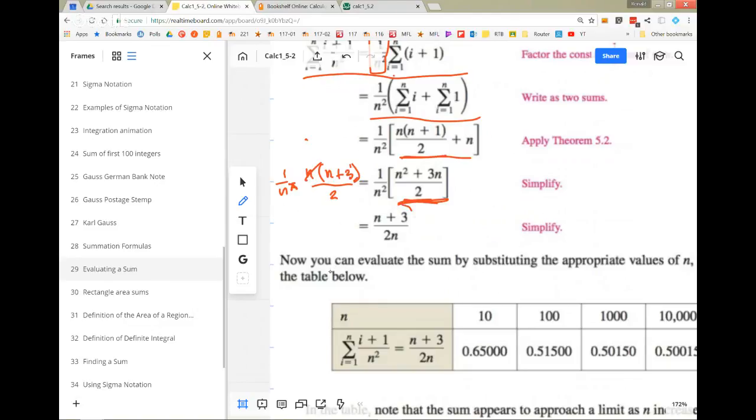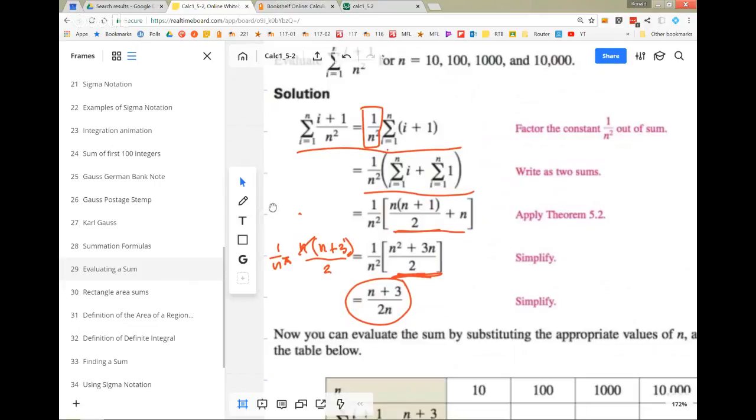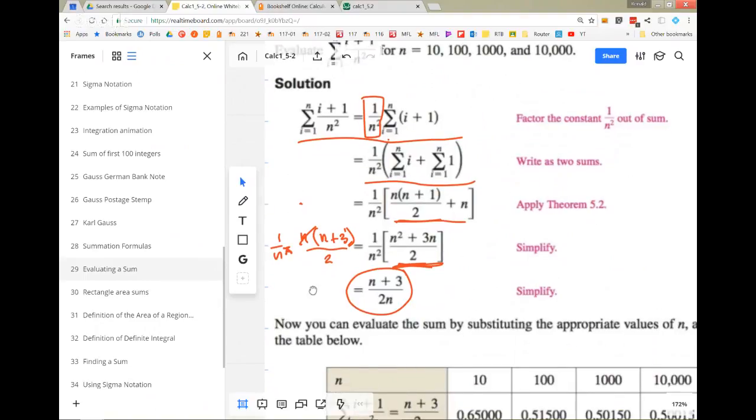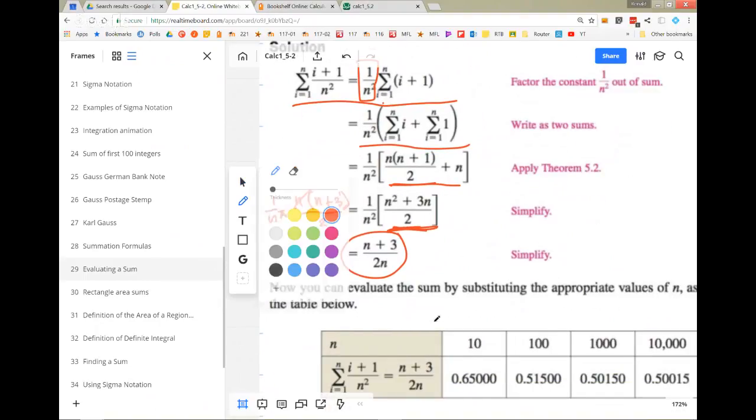So all of that whole thing boiled down to, instead of something we have to add up n times, there it is. For example, for n equals 10, 10 plus 3 is 13, 20 on the bottom, 13 twentieths. And here's 13 twentieths in decimal form.